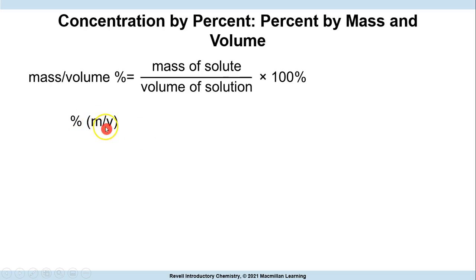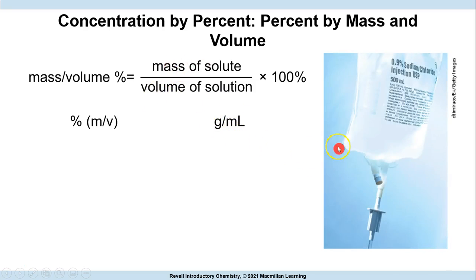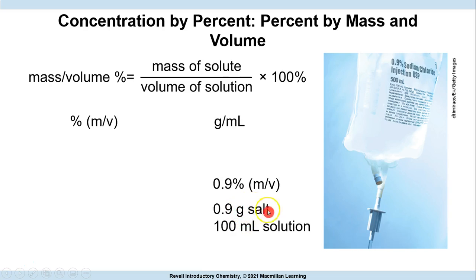So it is given by percent mass for volume. Now, it is always given in units of grams per milliliter. Solute, the mass is in grams and the volume is in milliliters. So when we talk of an example here, a saline solution, a 0.9% sodium chloride mass for volume percent means that we have 0.9 grams of the sodium chloride in 100 milliliters of the solution.